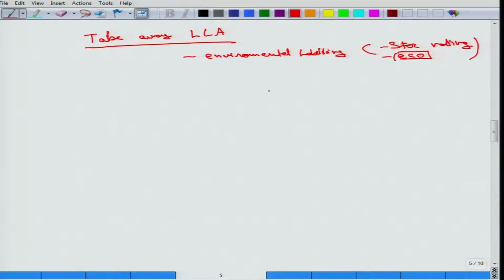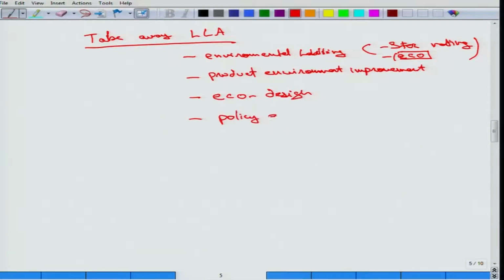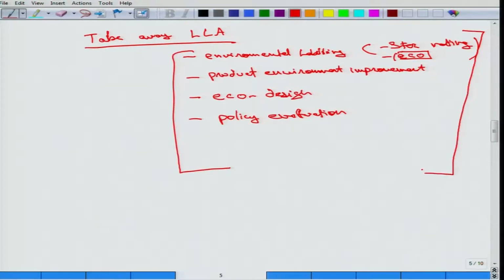Then LCA helps in product environment improvement. Then we can even have eco design with LCA, then maybe policy evaluation, so this is what LCA helps us to do.